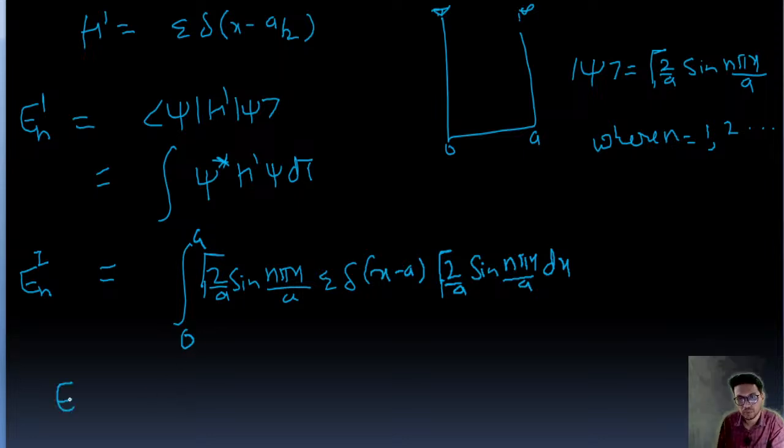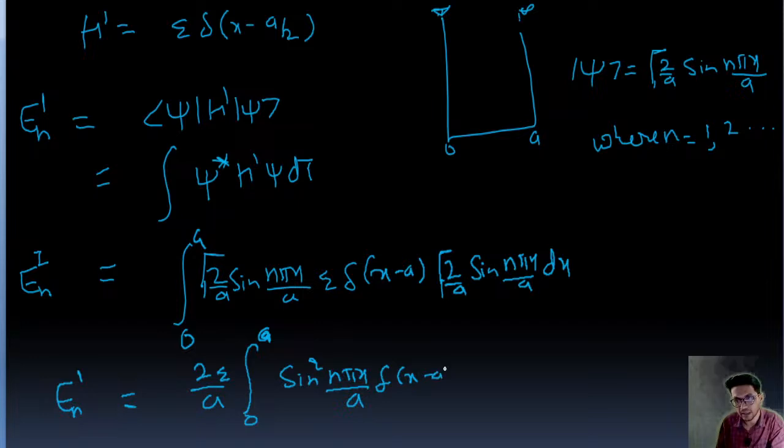So E n 1 is going to be 2 by a, and epsilon we take outside, integration 0 to a sine square n pi x upon a delta x minus a by 2 dx, right?